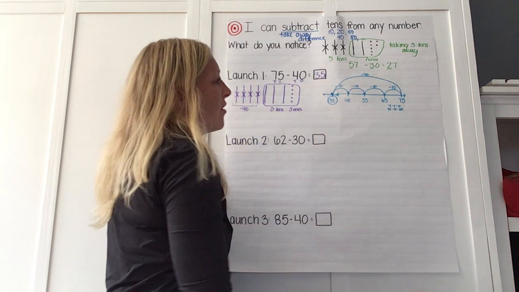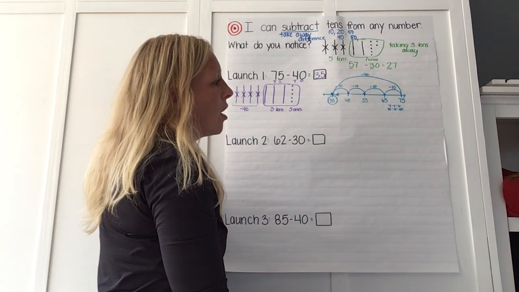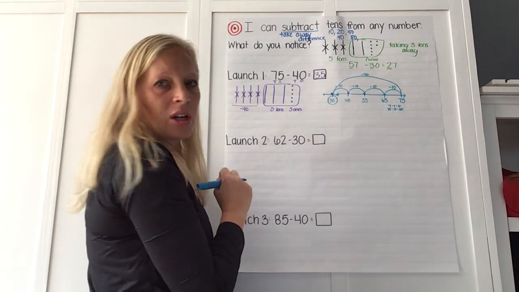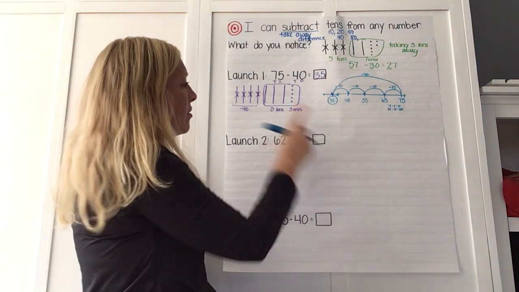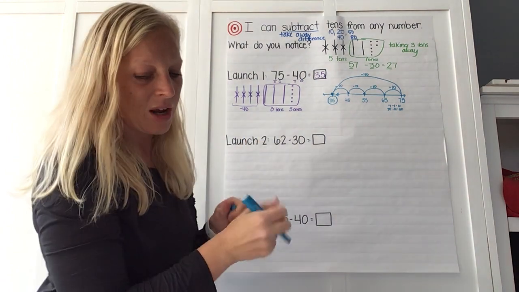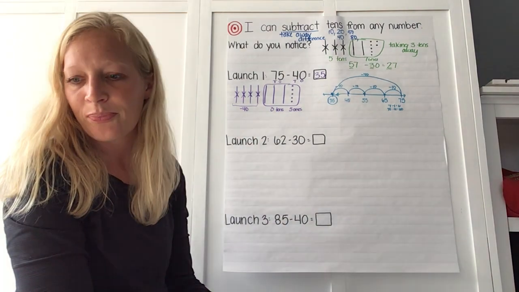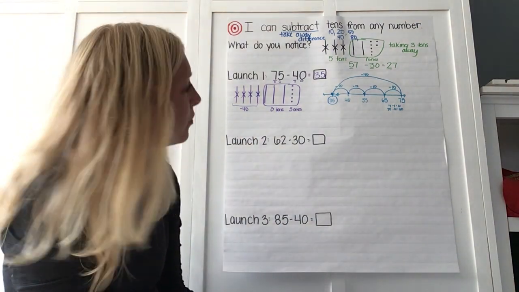You're 35. How is this strategy, or how is that model, the same or different than this model right here? How is our blue model the same or different than our purple model? What do you notice about those two?